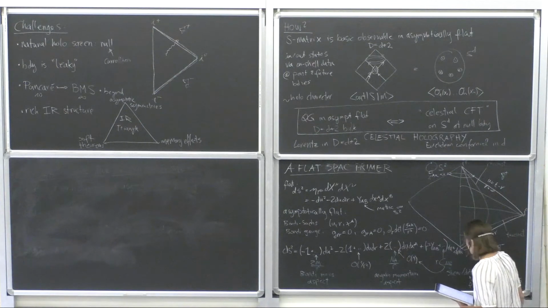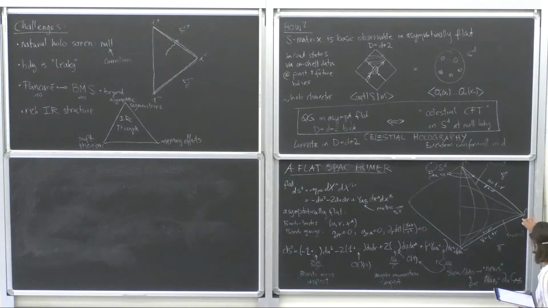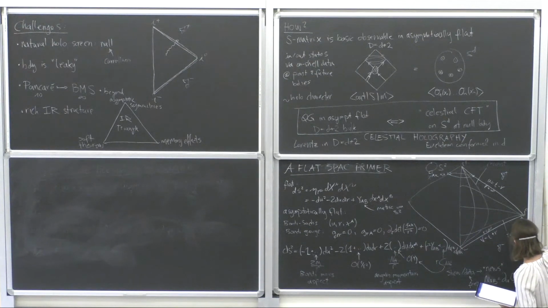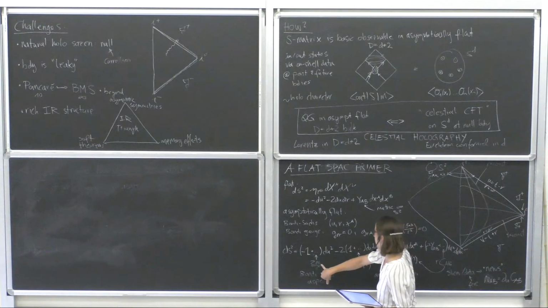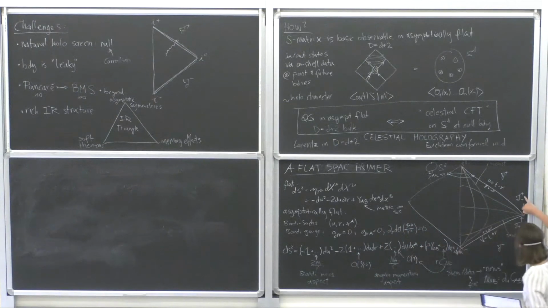What happens here is that you need to specify fields near this future boundary of scri minus, which I'll denote by scri minus plus, and at the past boundary of scri plus, which I denote by scri plus minus, and you need to say how these are identified. When you say that, for example, the Bondi mass aspect at scri plus minus matches the one at scri minus plus, this matching incorporates an antipodal identification of the angles.